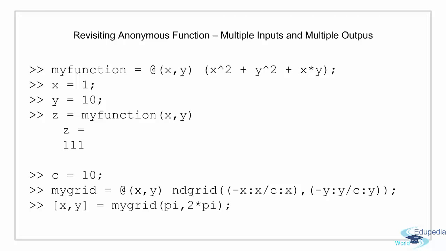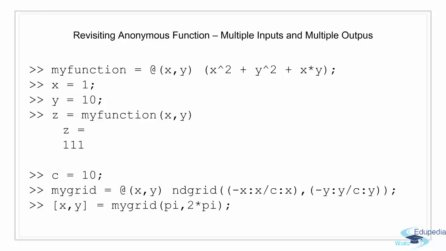But there is a slight difference in the case of output arguments. We do not explicitly define output arguments when we create an anonymous function. In case an expression in the function returns multiple outputs, then we can request them when we call the anonymous function. We enclose these multiple output variables in square brackets. For example, consider the ndgrid function that generates as many outputs as there are inputs.